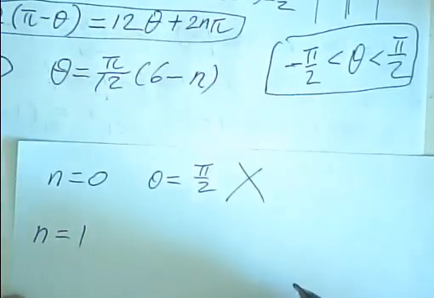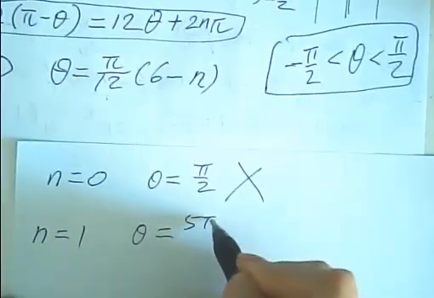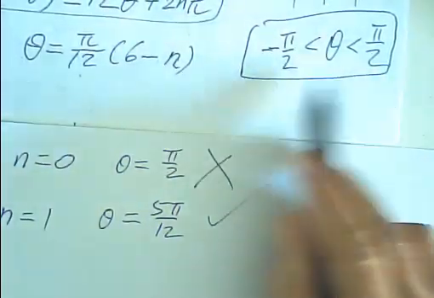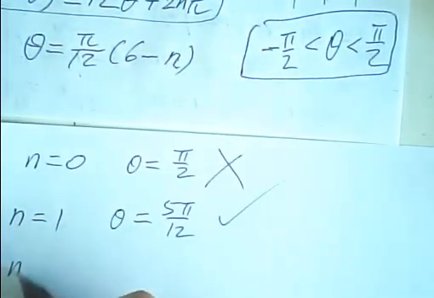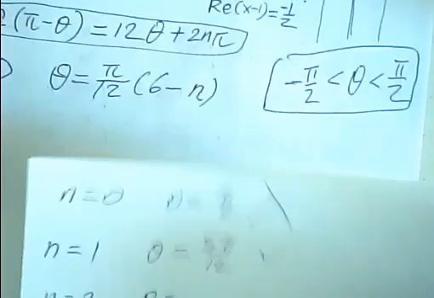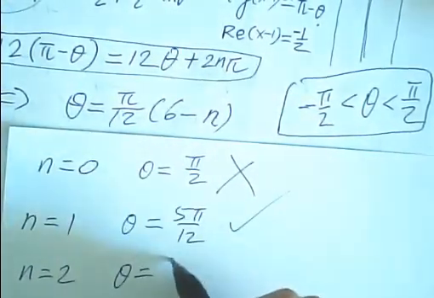N equal to 1, then theta is equal to 5 pi over 12. That's good. N equal to 2, that will be a third pi.